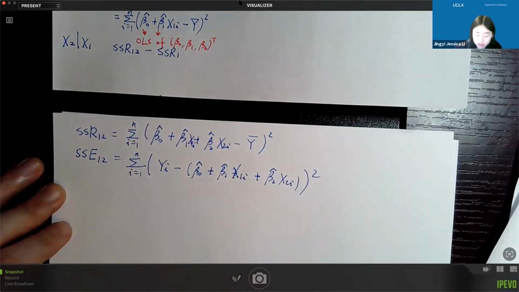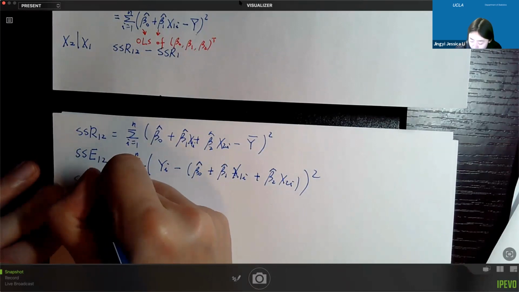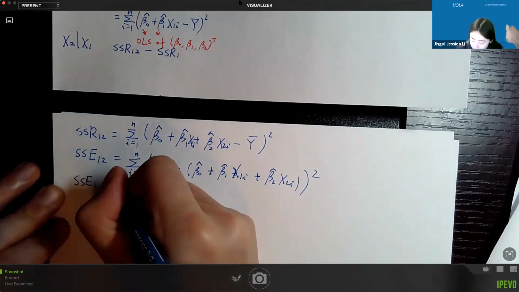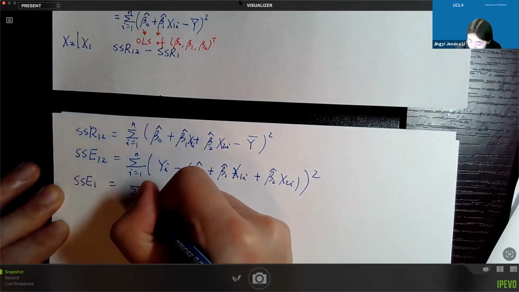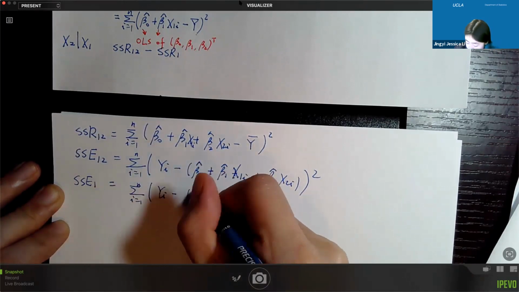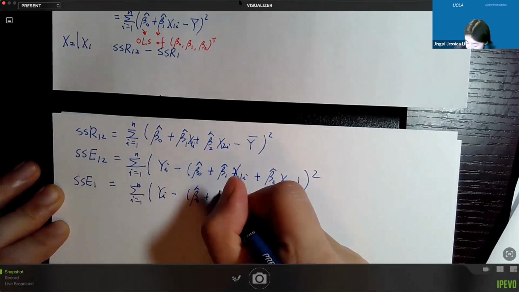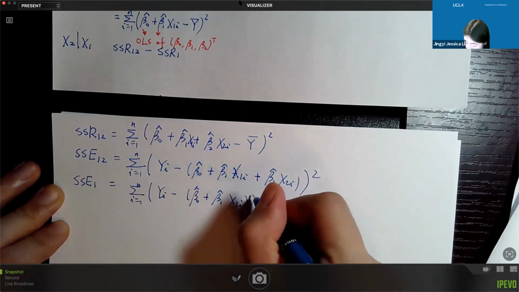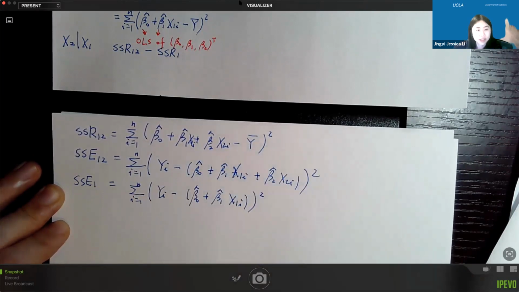And correspondingly, I could have the sum of squared error given predictor 1 only, SSE1. Okay, so if I do that, then there's an interesting relationship.